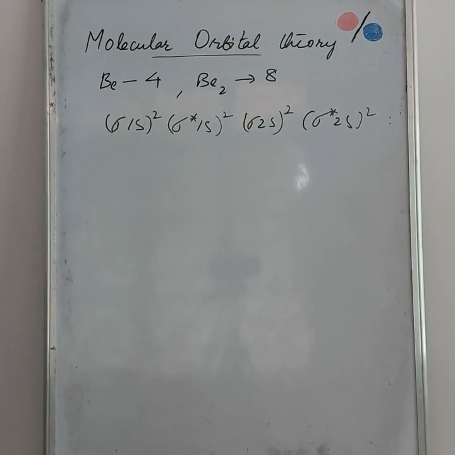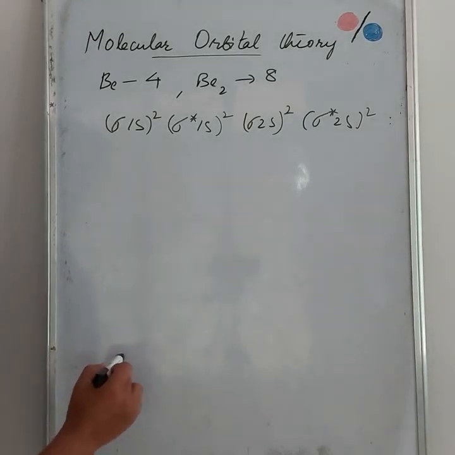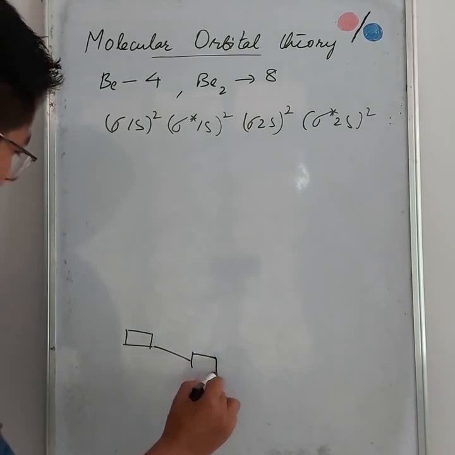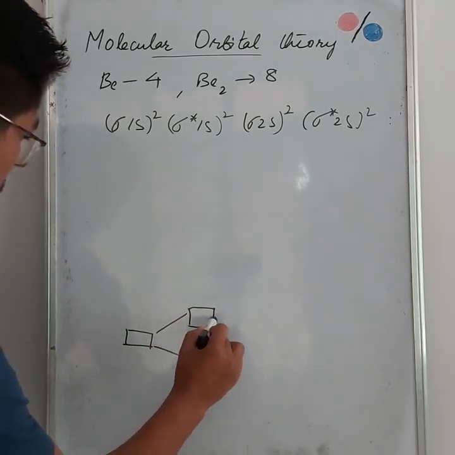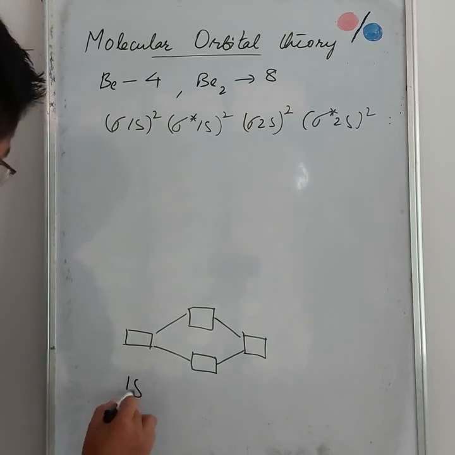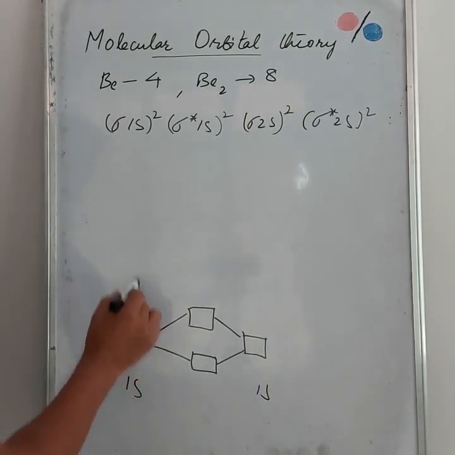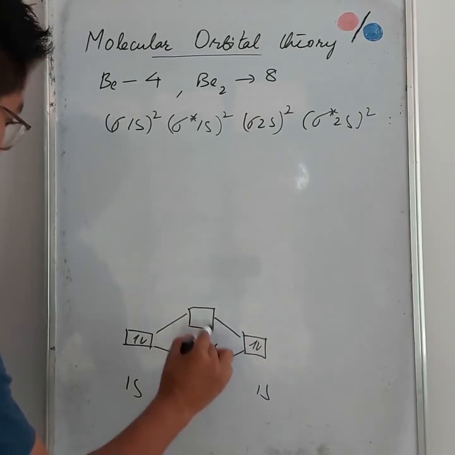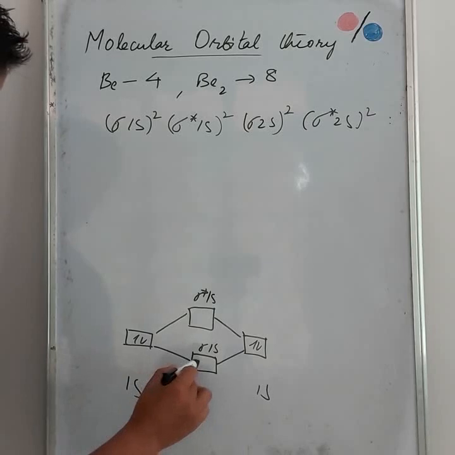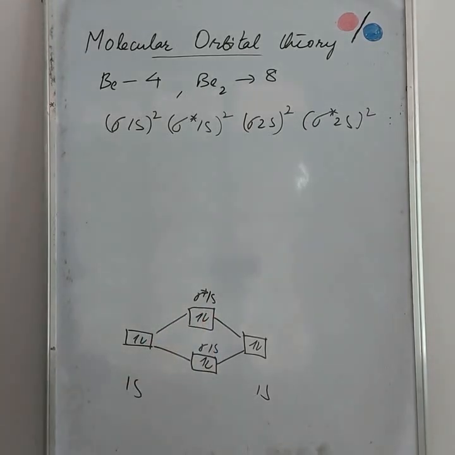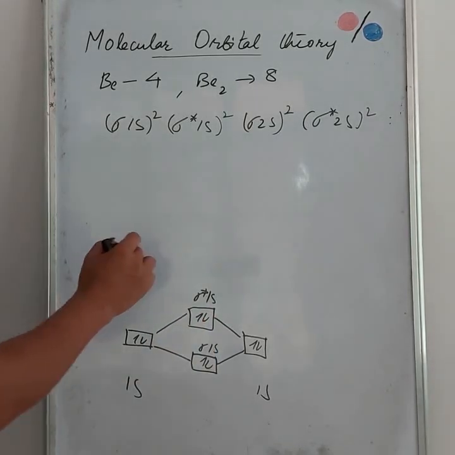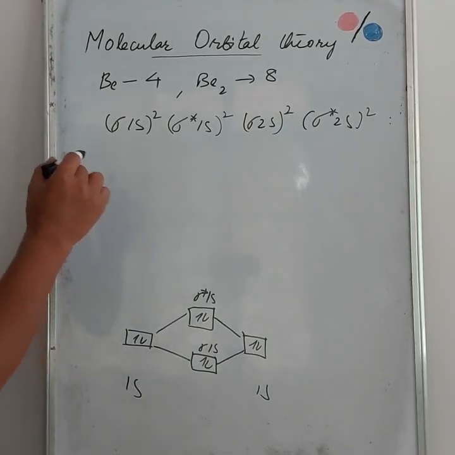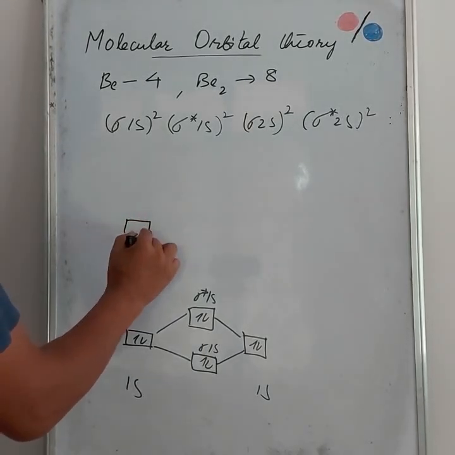To fill up the molecular orbitals for beryllium, this is the 1s atomic orbital, so it has 2. This is sigma 1s and this is sigma star 1s. So 2 electrons will enter here and the other 2 will enter there. And for 2s, the same thing.